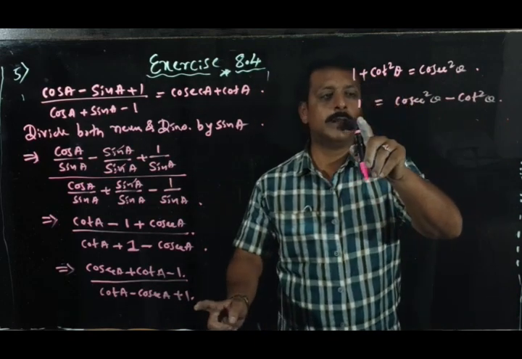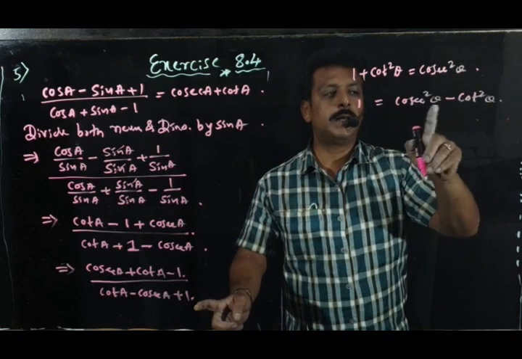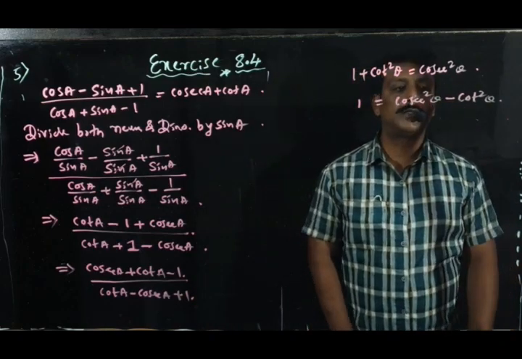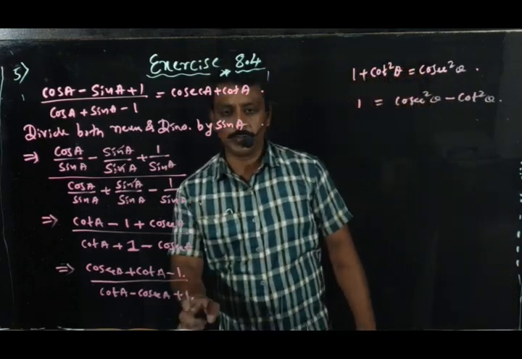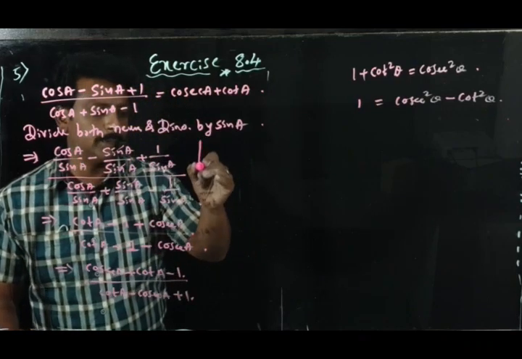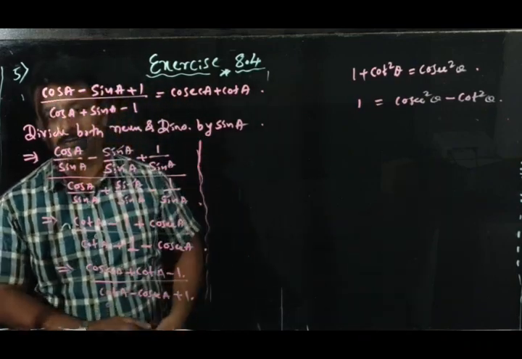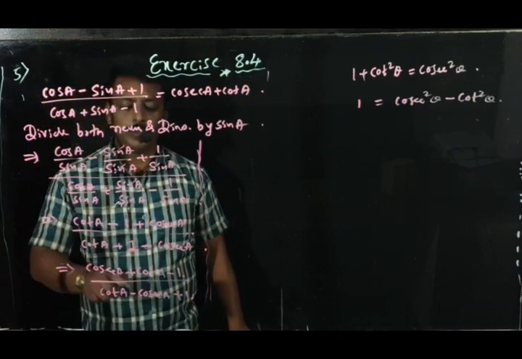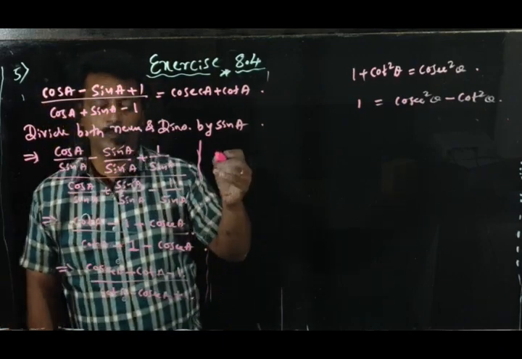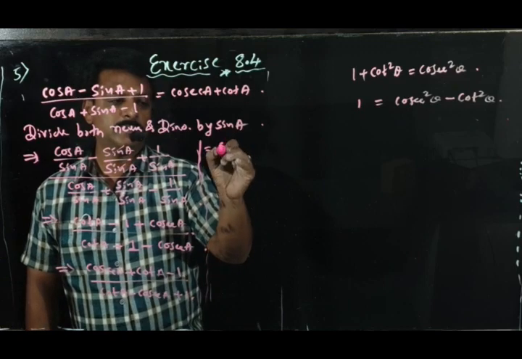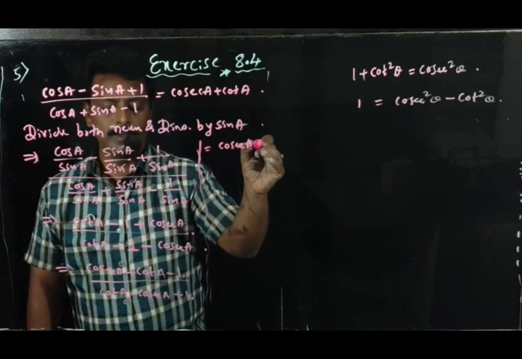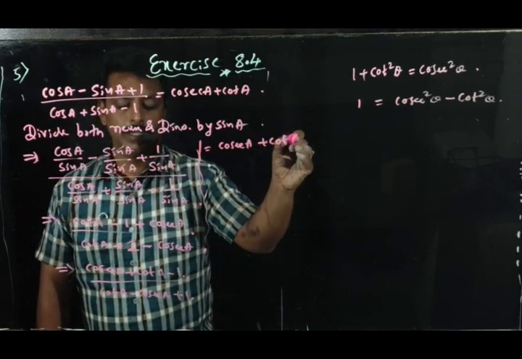So this value, cosec square theta minus cot square theta, I am going to substitute in the denominator at the place of 1. The numerator I am keeping as it is, I don't want to change anything: cosec A plus cot A minus 1.